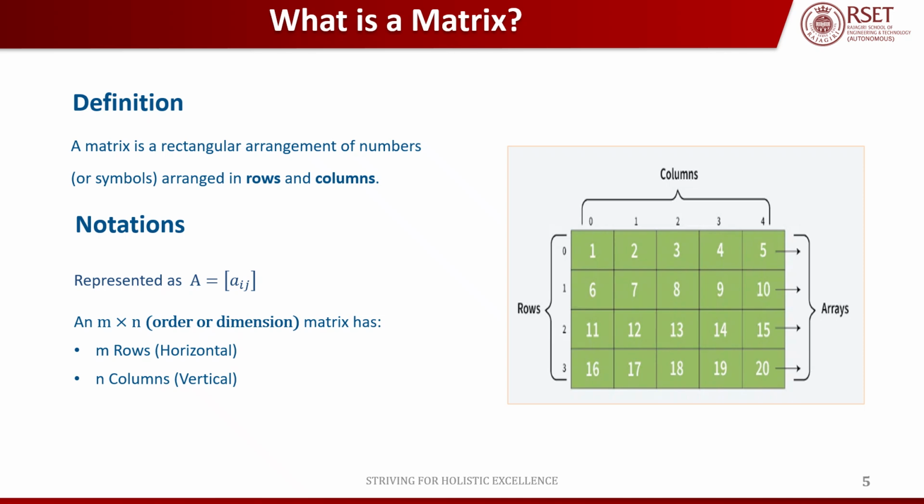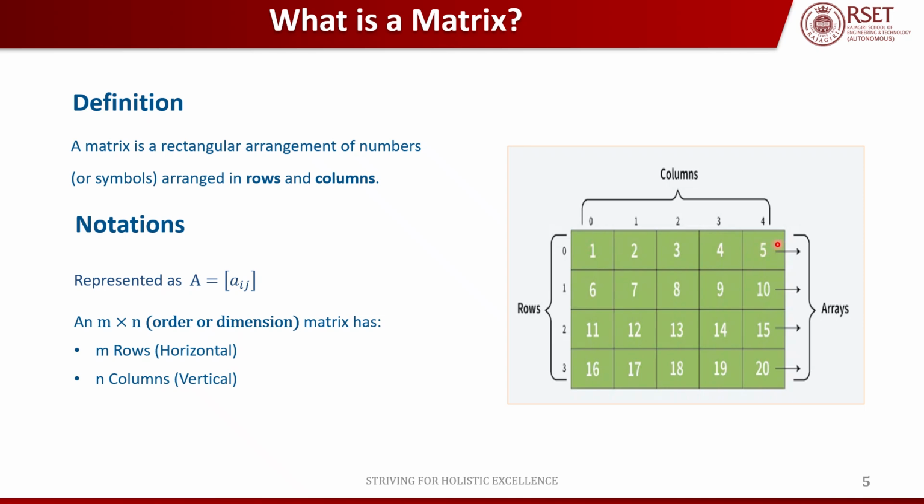First, we will have an overview of matrix. So what is a matrix? As we all know, a matrix is a rectangular arrangement of numbers arranged in rows and columns. Here I have an example of a matrix.